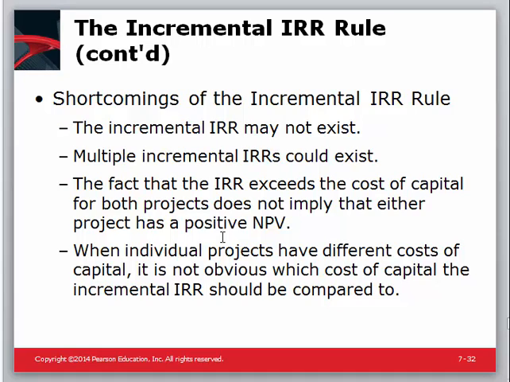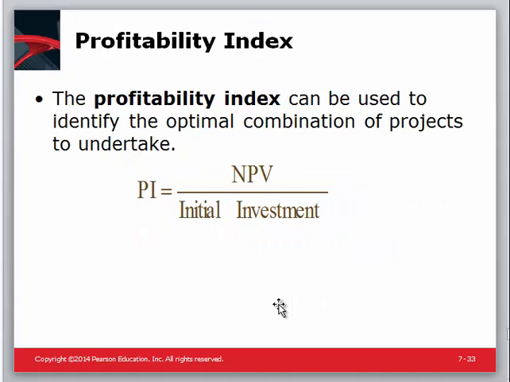We don't know that for certain based on the picture of internal rate of returns. So if individual projects have different cost of capital, again, it's not obvious which cost of capital this incremental return should be compared to. Should it be one with the higher or the lower cost of capital? So there are issues even with this internal rate of return rule.